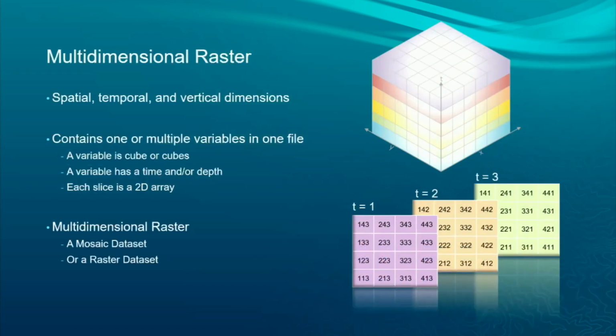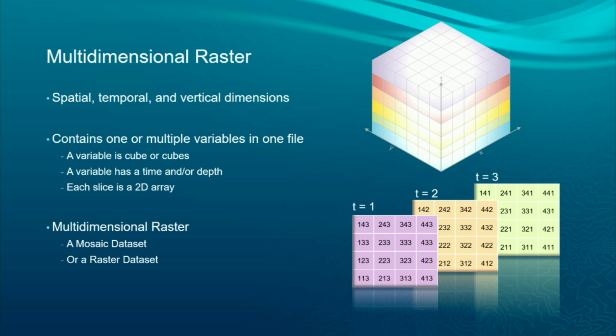What is a multidimensional raster? We use the term all the time. It's a cool term, but is it really confusing? I don't know. It's not really confusing, because nowadays you come across data that are pretty much multidimensional because something changed with time.